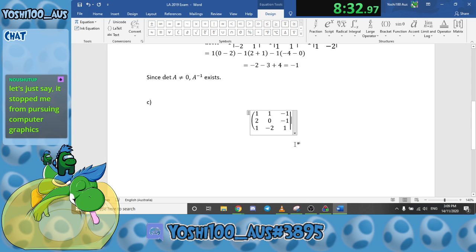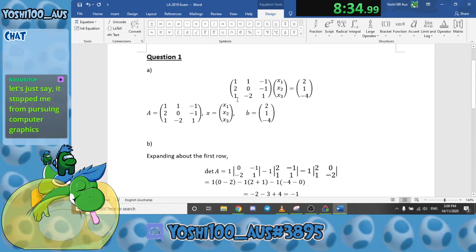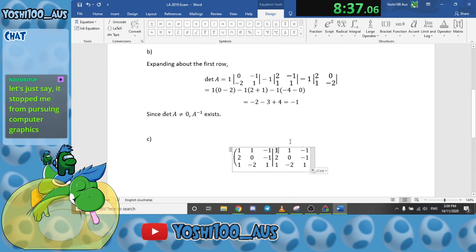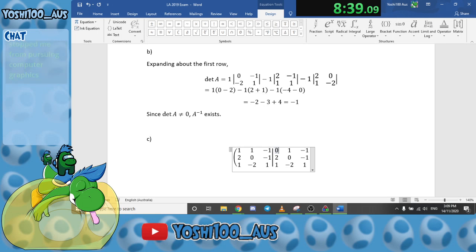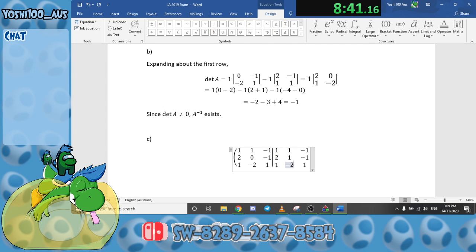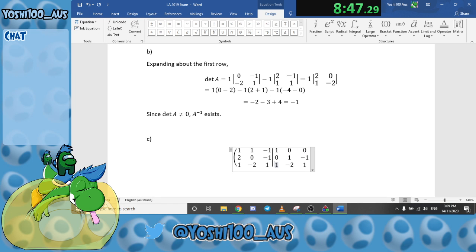And then we'll put the identity matrix on the other side. 1, 1, 1, 0, 0, 0, 0, 0, 0.